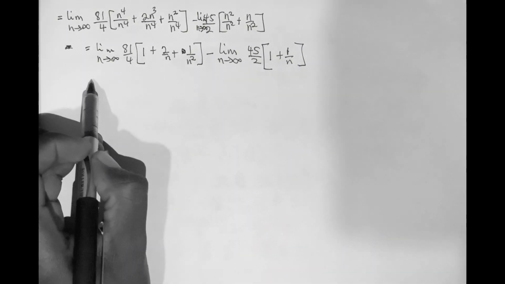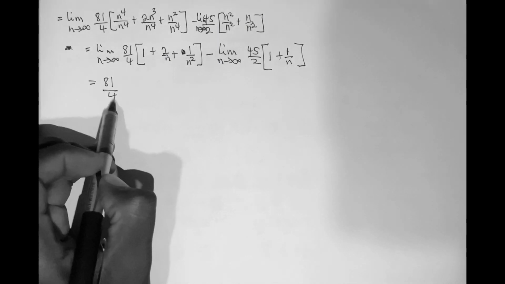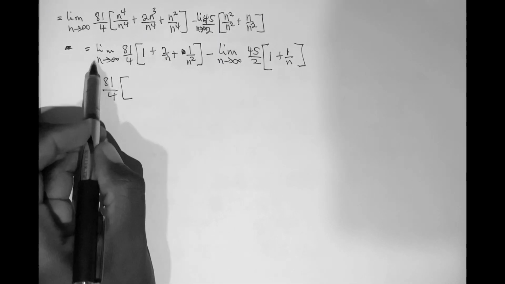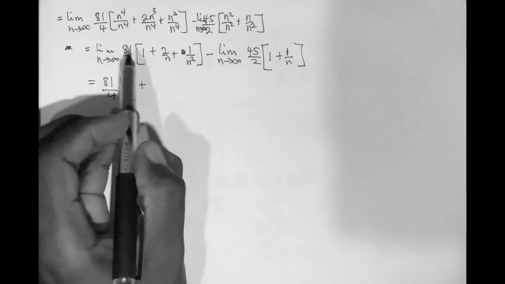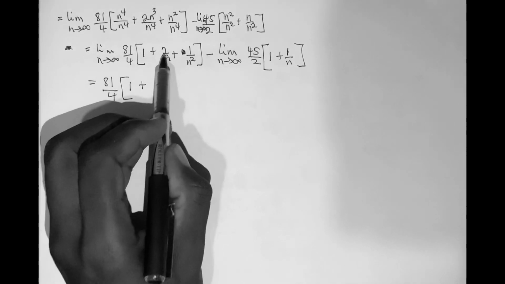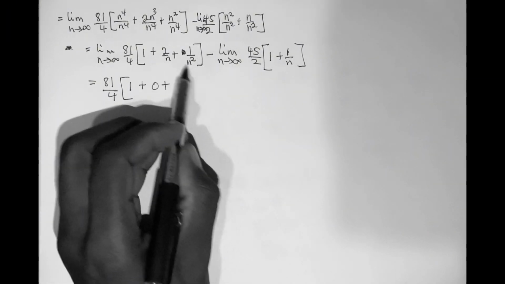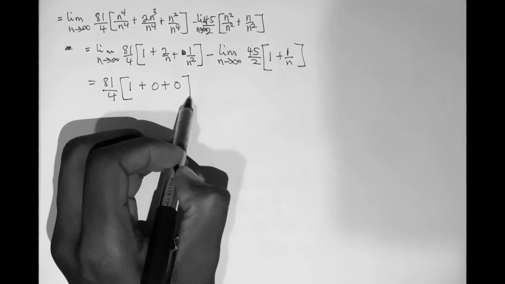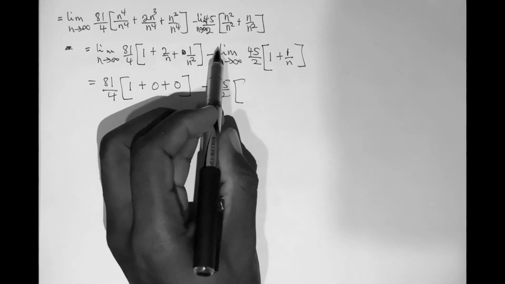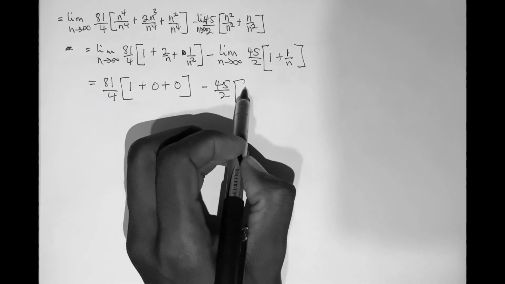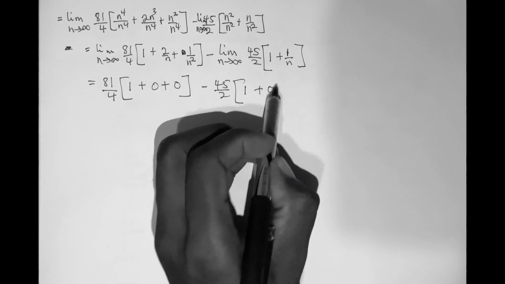Now if we apply the limit, this becomes 81 over 4. Now we are bringing that out. The limit as n approaches infinity of 1 is 1, plus the limit as n approaches infinity of 2 over n is 0, plus the limit as n approaches infinity of 1 over n squared is also 0, minus, I'm bringing 45 over 2 out, the limit as n approaches infinity of 1 is 1, plus the limit as n approaches infinity of 1 over n is 0.